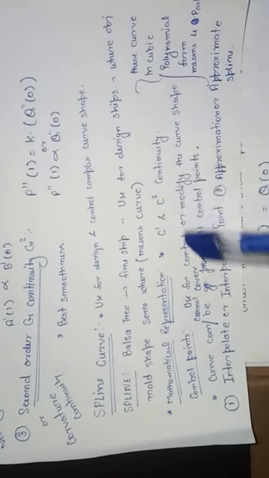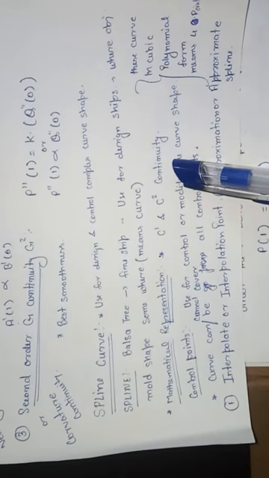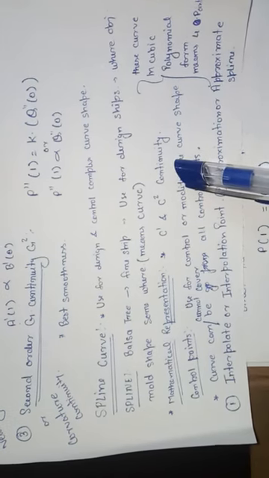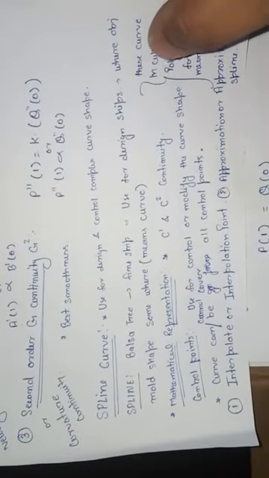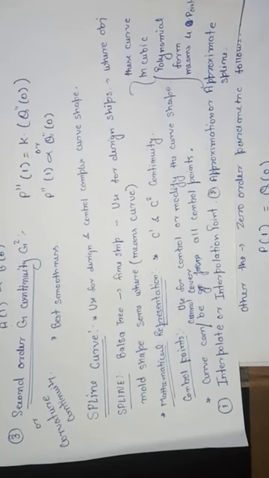Both continuities are followed by the spline curve equations. Okay, so the first condition in the spline curve equations is that they follow C1 and C2 continuity.